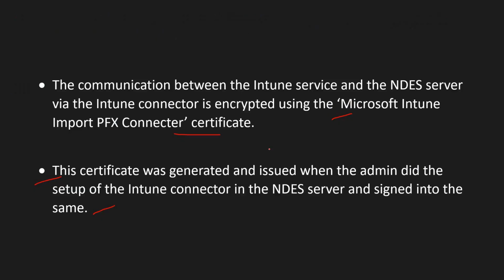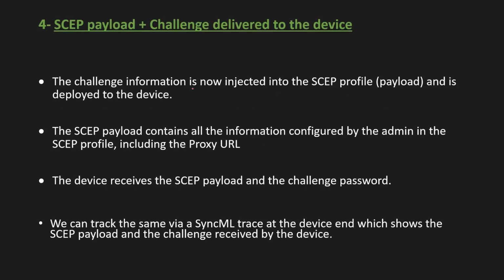So now let's take a look at step 4. In step 4, the challenge information is now injected into the SCEP profile or the payload and is deployed to the device. The SCEP payload contains all the information configured by the admin in the SCEP profile, including the SCEP proxy URL. Now the device receives the SCEP payload and the challenge password.